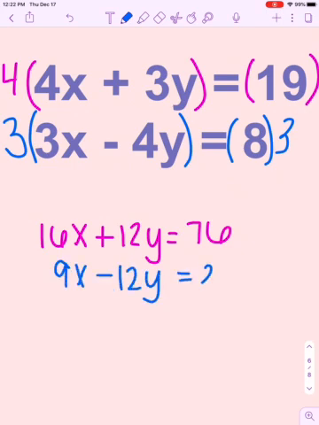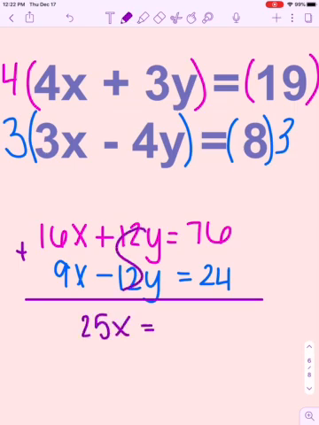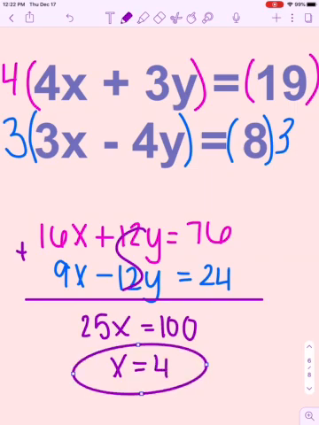On the bottom, I have a 9x minus a 12y equals a 24. And then I can add them together. So that's 25x. My y's are gone. And 76 plus 24 is 100. Divide by 25 gives me x is 4.